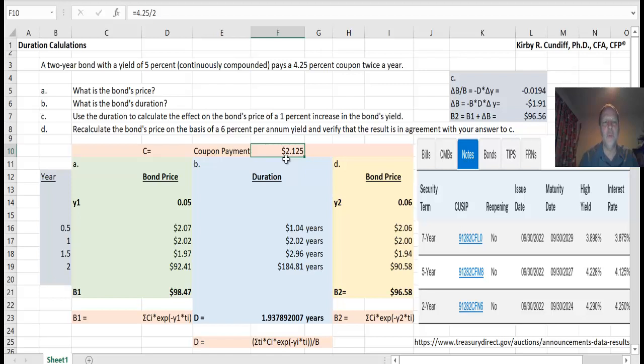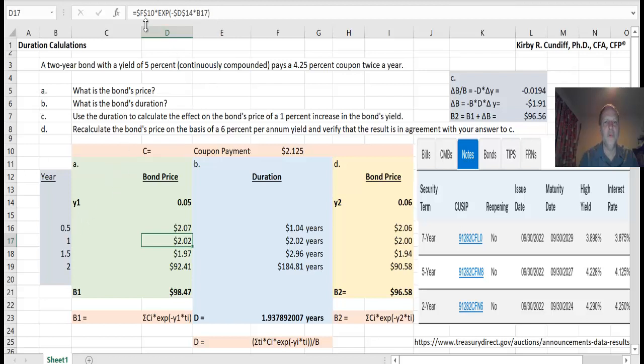Since this is a 2-year bond with semi-annual payments, we will get the first payment of $2.125 in 6 months, and the present value of that will be $2.125 times e to the minus 0.05 times 0.5. So we get 2.07.